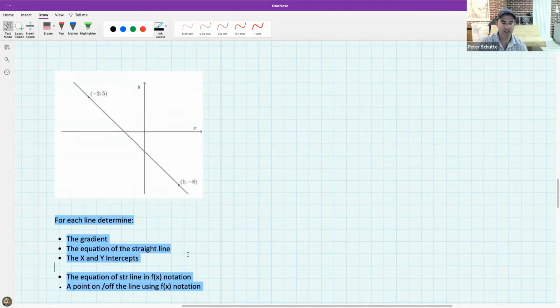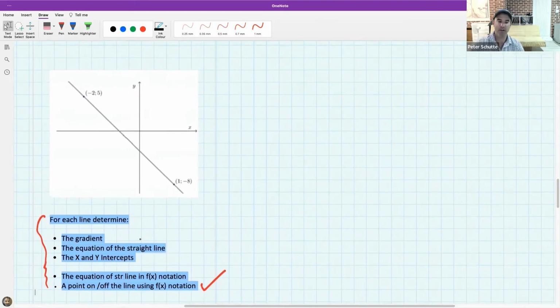I'm going to talk a little bit about the last one in a moment. But basically, I want everybody to try and do these first 4 things: the gradient, the equation of the straight line, the x and y intercepts, and then put your graph in f of x notation. And for those who are feeling on fire, I want you to figure out a point on your line and a point off your line, if you know how to do that.